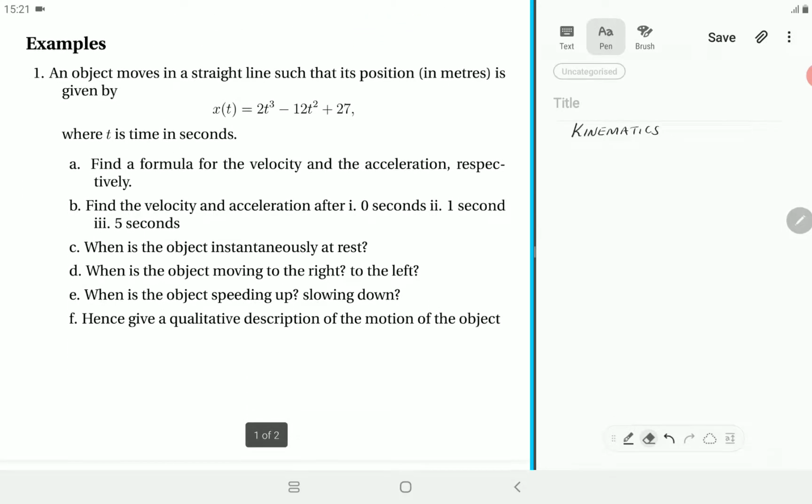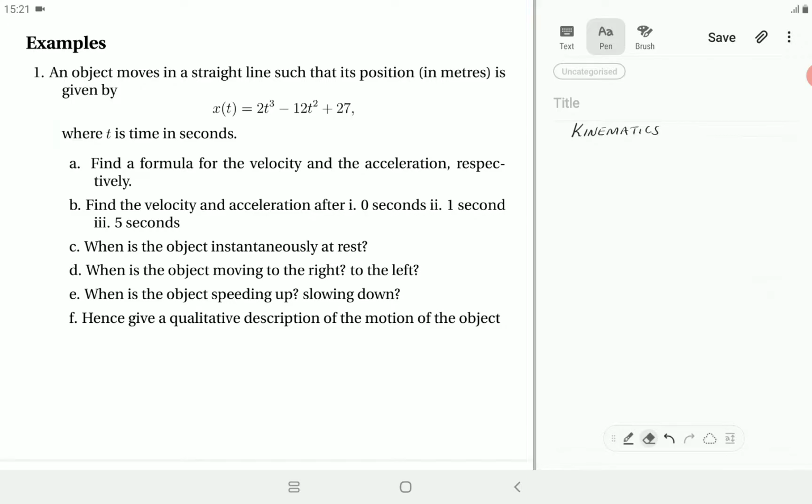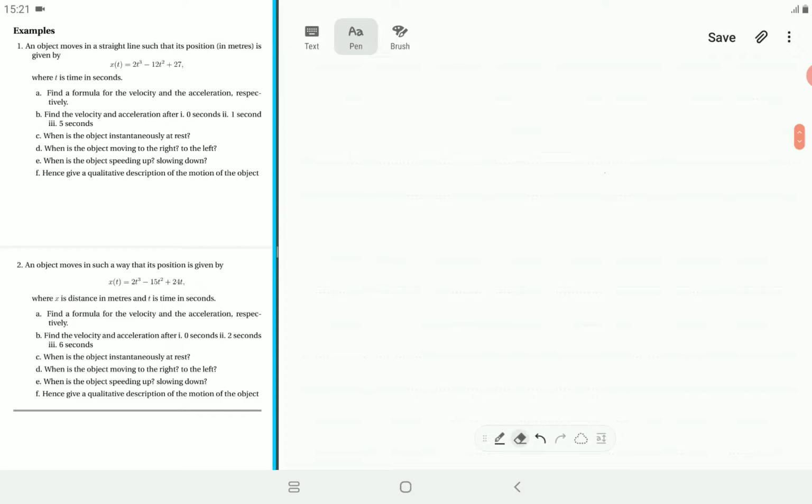So imagine we want to find a formula for the velocity of this particle. We want to find a formula for the acceleration, and then in B we want to find the velocity and acceleration at these given times. So let's start off with A. We're going to want to find a formula for the velocity and the acceleration.